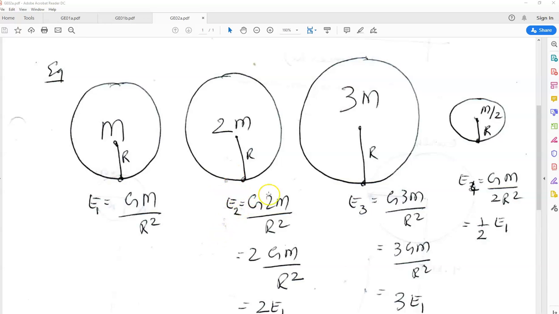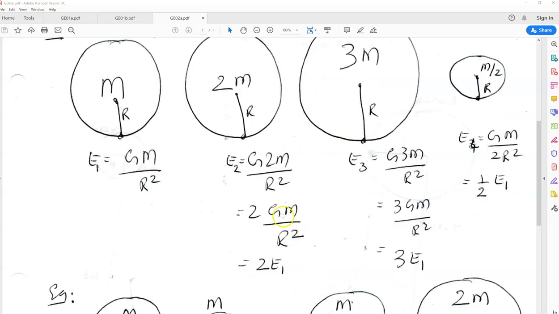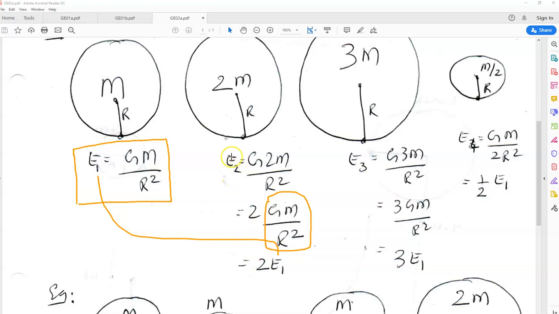Now if you apply the equation, E2 is equal to G times 2M by r squared, with the same radius, or I can also write 2 times GM by r squared. But this GM by r squared is the gravitational field strength for the mass M at distance r. So if you substitute this value here, for the mass of 2M the gravitational field is 2 times the gravitational field of E1.